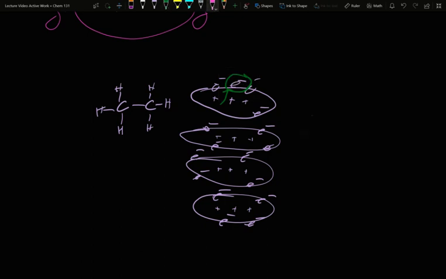Well, this creates a side that has a little bit more negative suddenly, and a side that has a little bit more positive. This is a fraction of a second, nanoseconds and less, but for a brief moment, it has a dipole. It's called a temporary dipole.